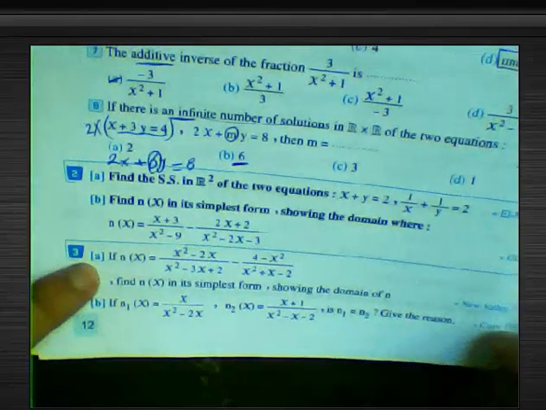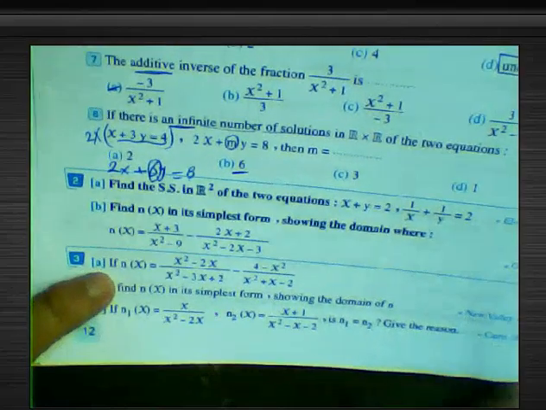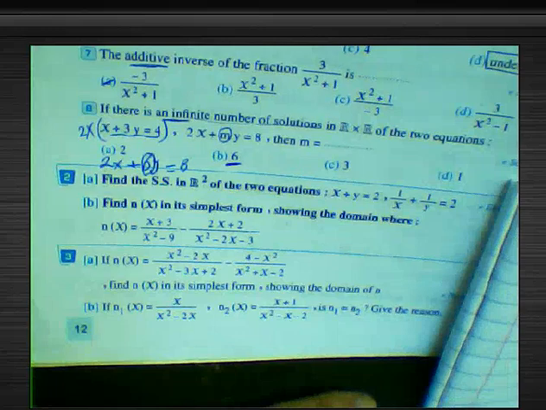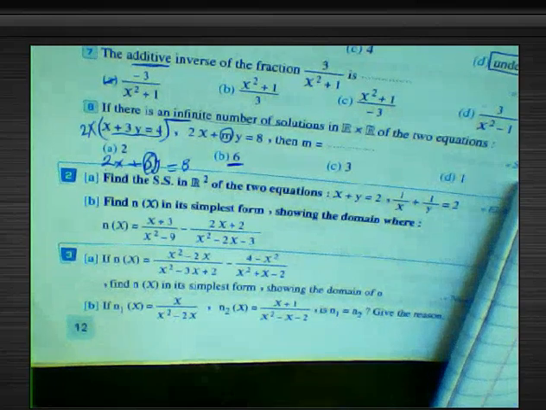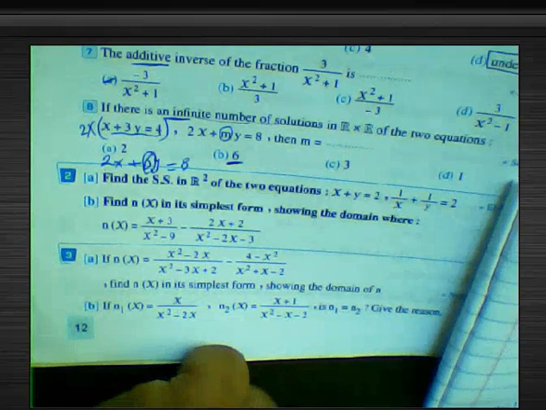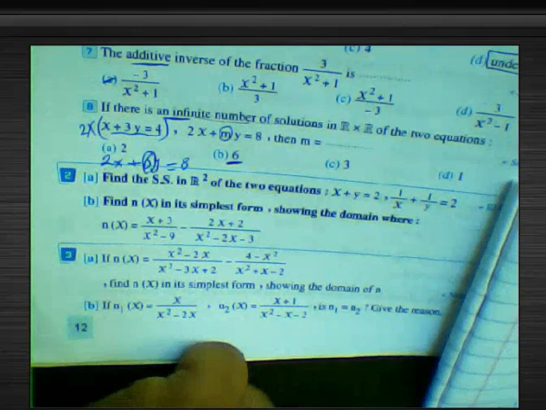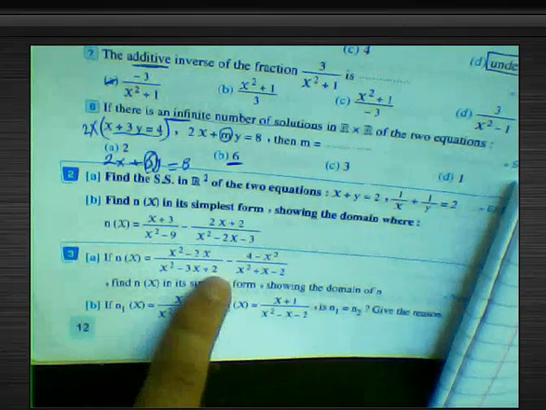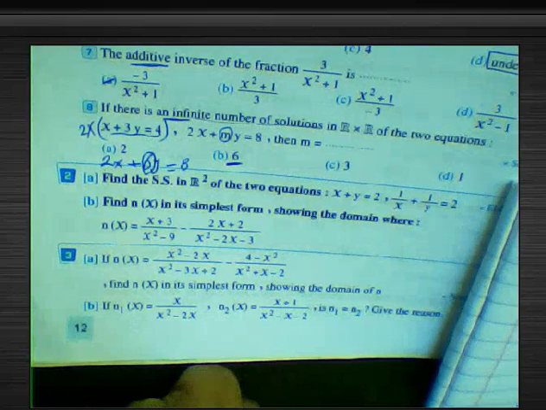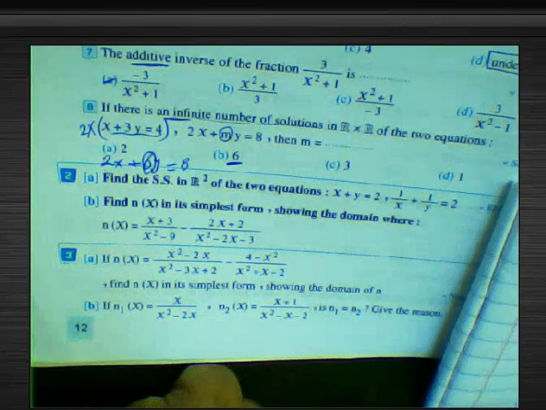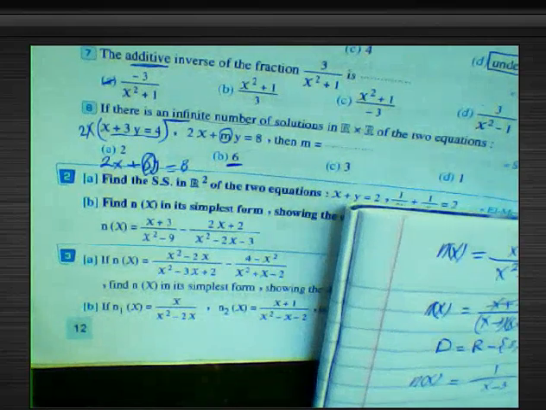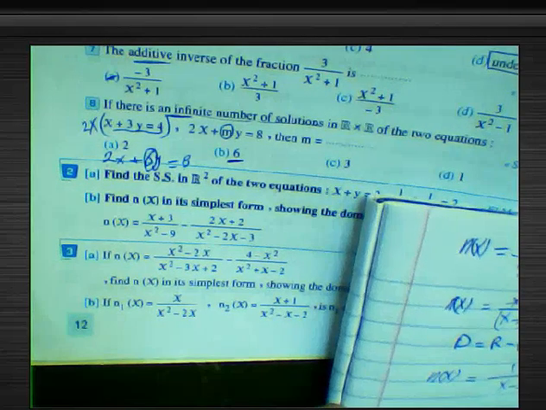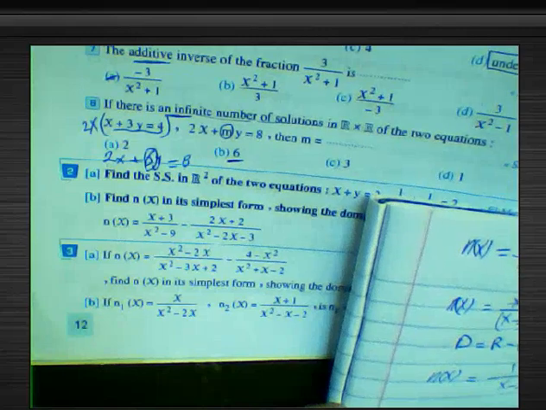Question number 3. n of x equals x power 2 subtract 2x over x power 2 subtract 3x plus 2, subtract 4 subtract x power 2 over x power 2 plus x subtract 2.